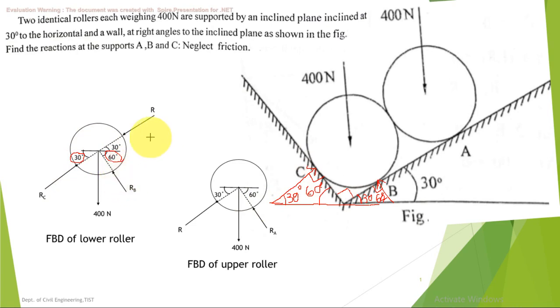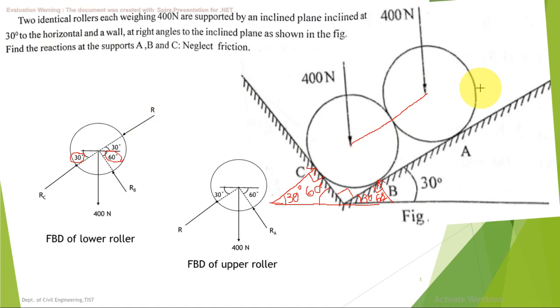Now we'll look at the reaction R between the rollers. The reaction between two rollers always acts along the line joining the centers. Here you have the center of one roller, and here the center of the other roller. Let me join these two points, so our reaction R will act along this line. The question says these are identical rollers, meaning their weight, size, density and radius are the same.